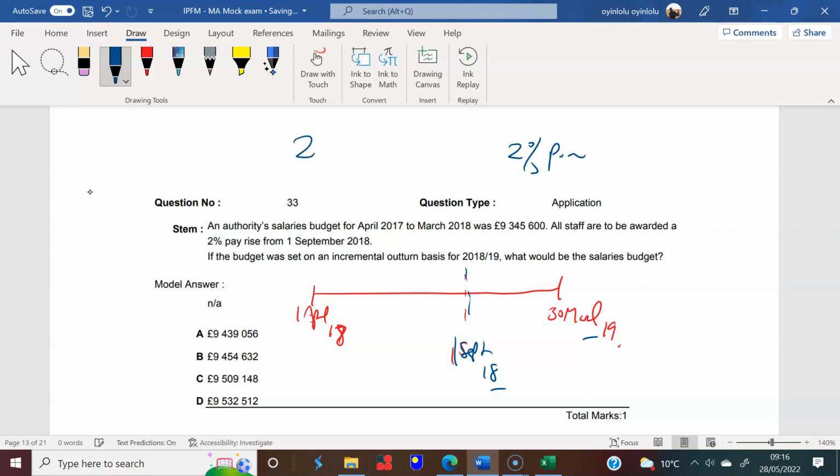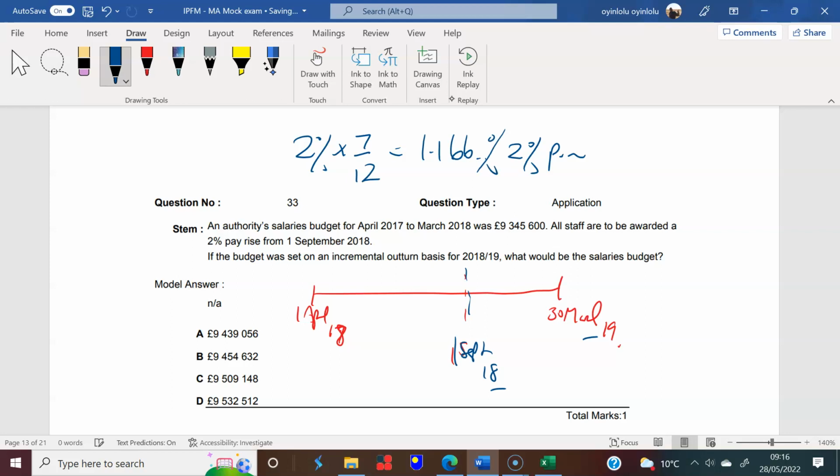So you're going to have a pay rise of 2% for 7 months, which is 2% times 7 over 12. The real increase here is 2 times 7 divided by 12, so you're really getting 1.166 recurring percent.